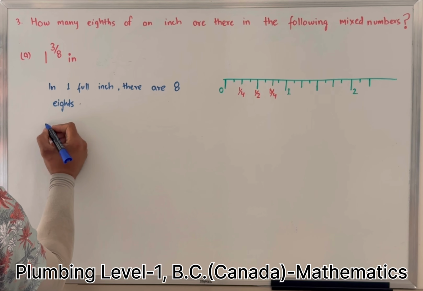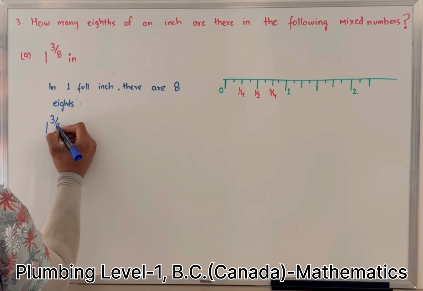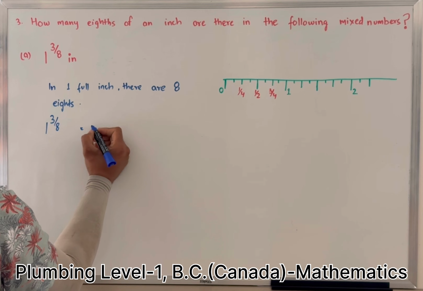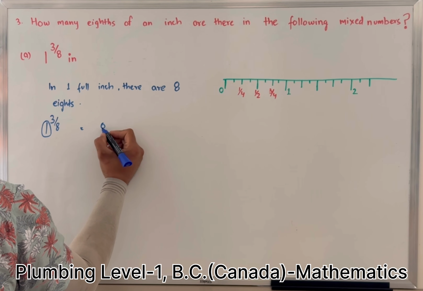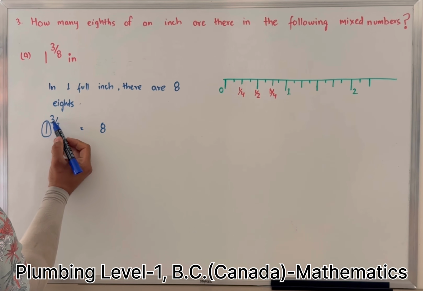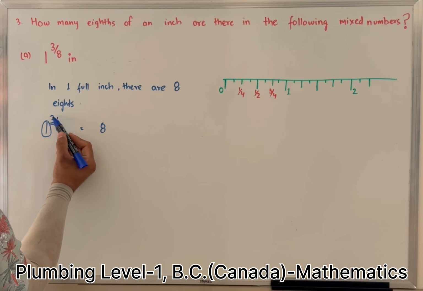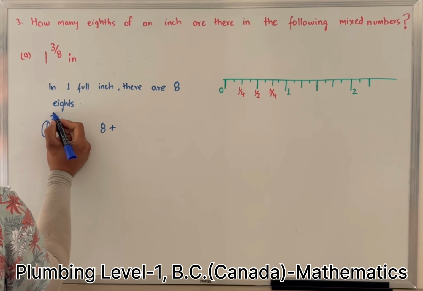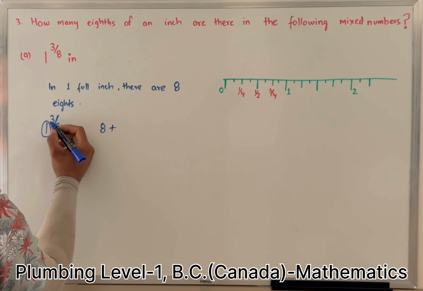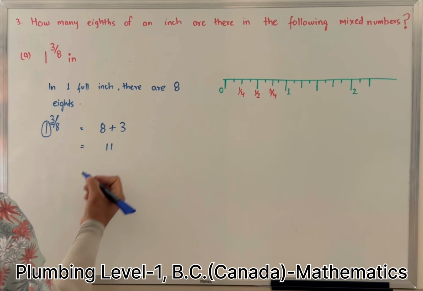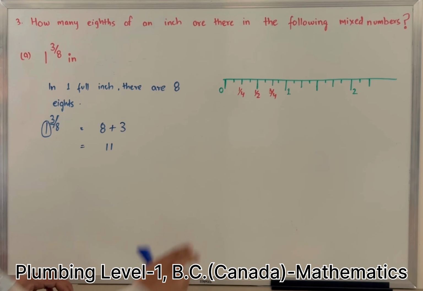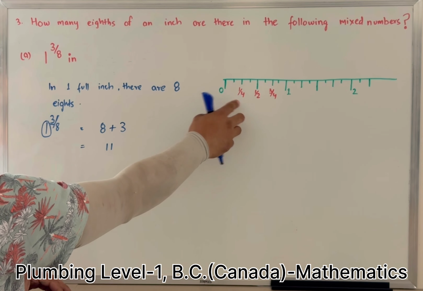So it says 1 and 3/8. So we know there are 8/8 in 1 inch. So we're gonna write down 8, and then it's already given here 3/8. Because it's already in fraction here, we're just gonna pick up 3, and that will give you 11.